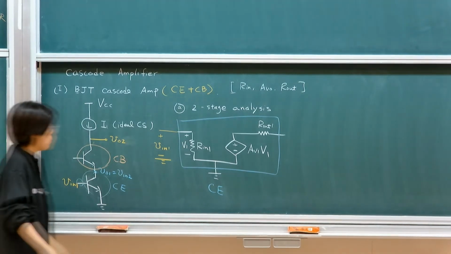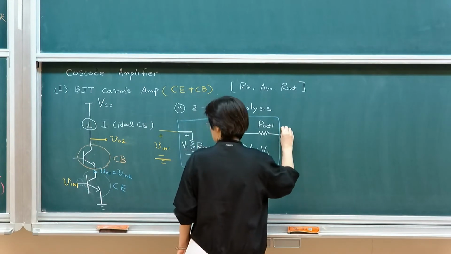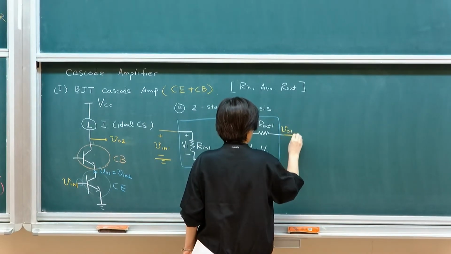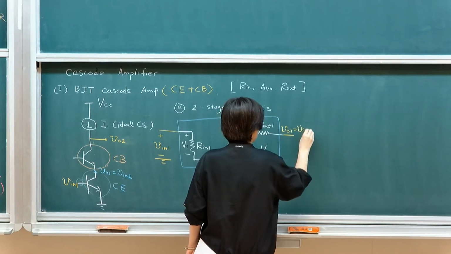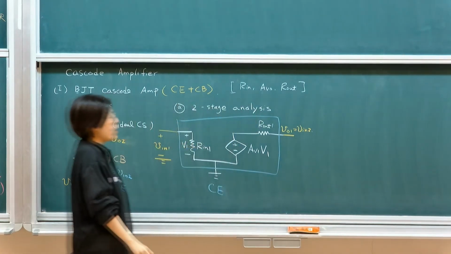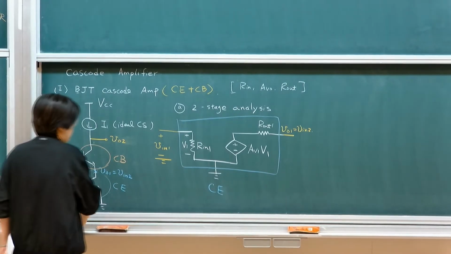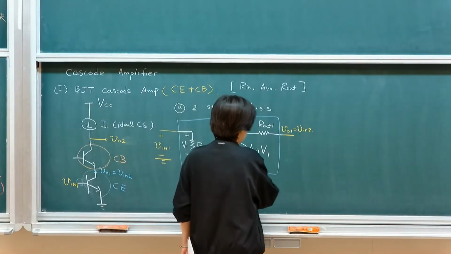So this is VO1, which equals V in 2. VO1 as V in 2 is connected to the next stage. I'm just going to use the two-pole model to continue.